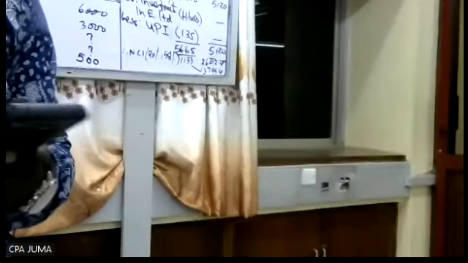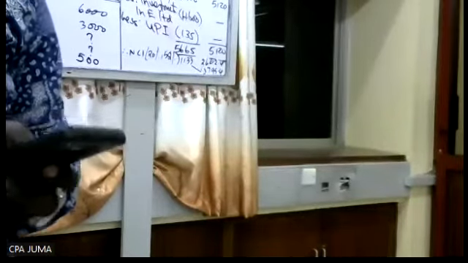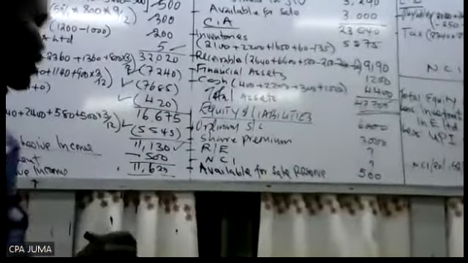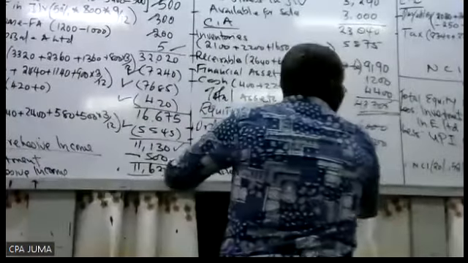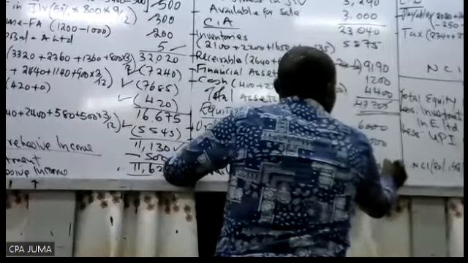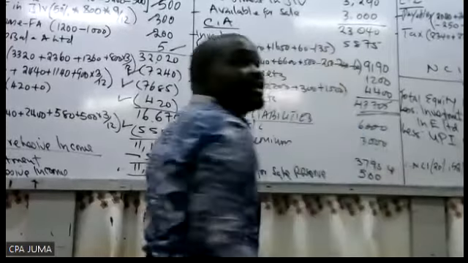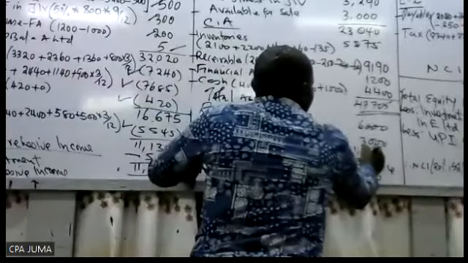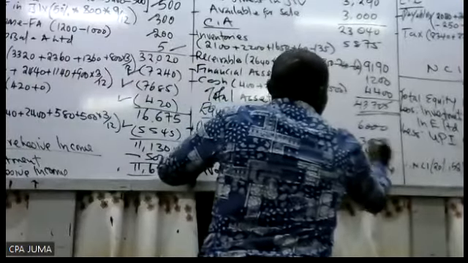Yeah. Are you writing? Then, someone give me retained earnings as the balancing figure. This is 3795.5. You are saying the balancing is how much? 11,149 point something.